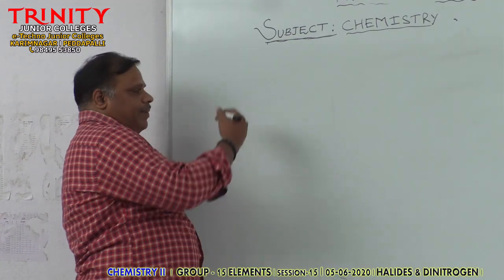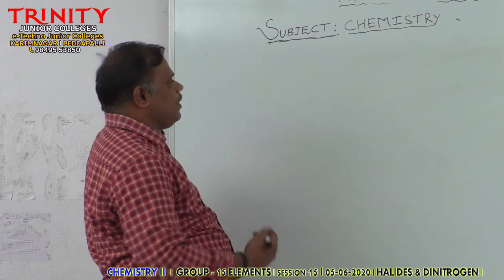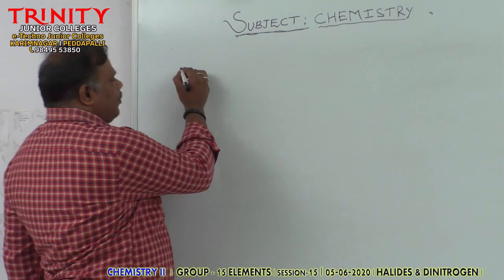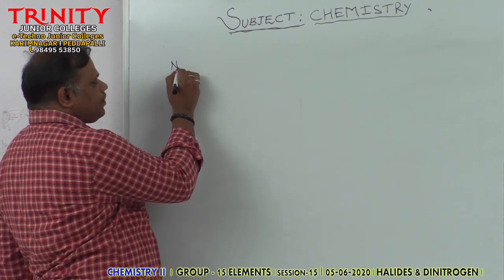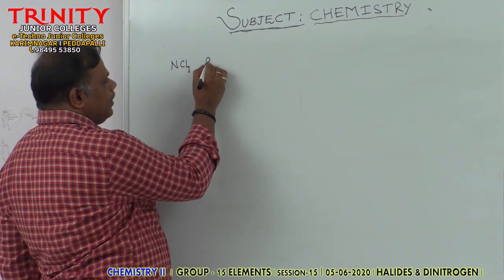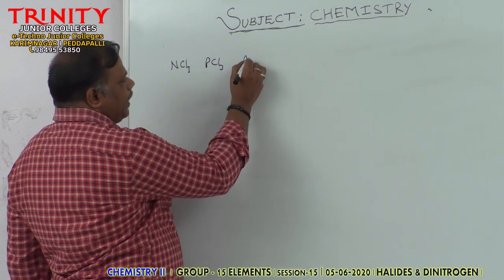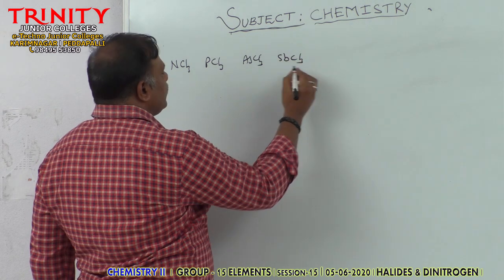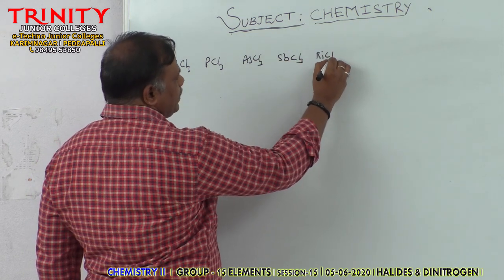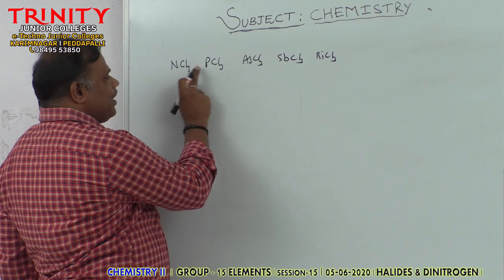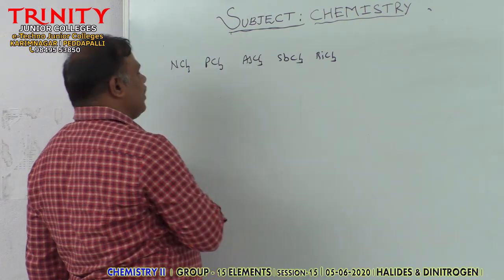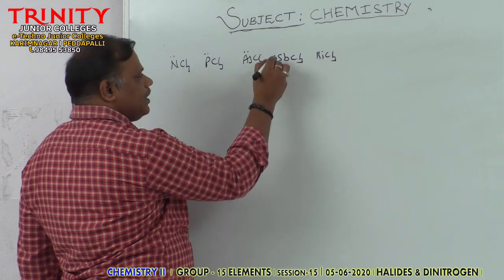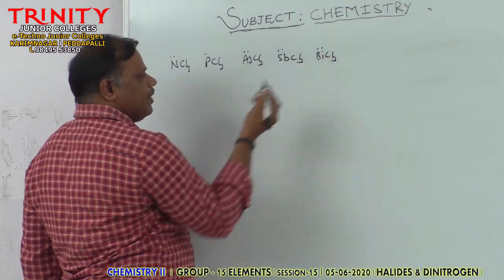Then the basic strength of halides of group 15 elements: for example NCl3, PCl3, AsCl3, SbCl3, BiCl3. Here the bonded atom is similar, the halogen is the same, but the central atom changes: nitrogen, phosphorus, arsenic, antimony and bismuth.